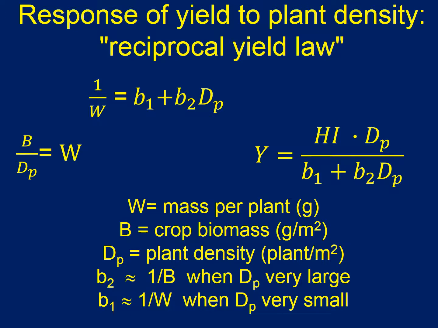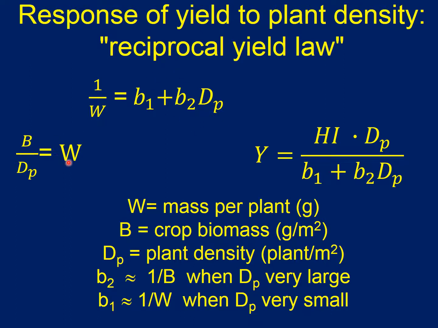The relationship between yield or biomass production and planting density has been analyzed using the so-called reciprocal yield law, which states that the inverse of single plant mass and planting density is a linear function, where b1 and b2 are the parameters of this straight line.